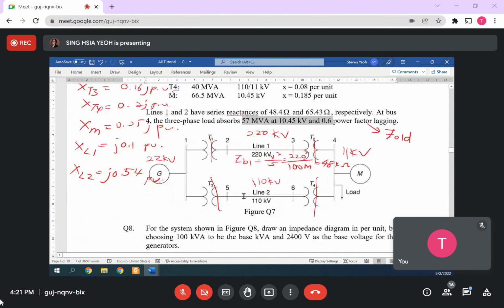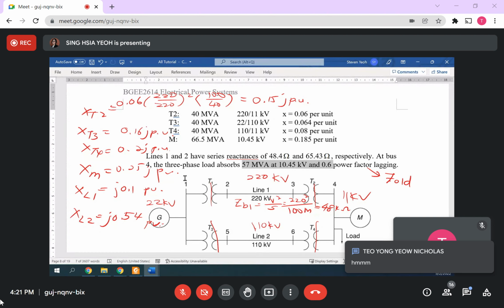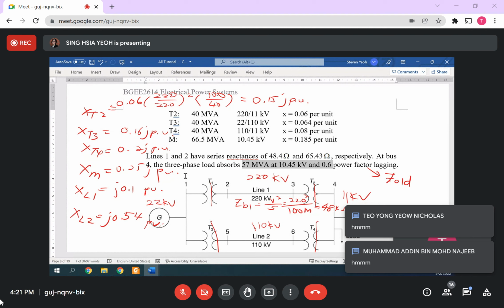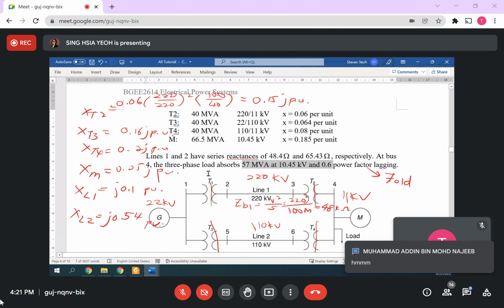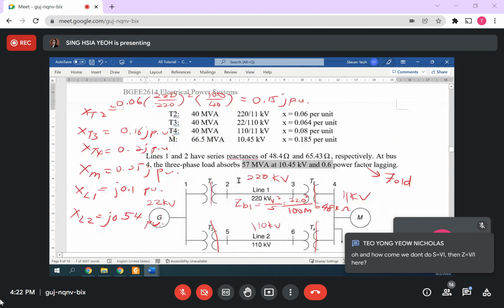I believe in these questions, although they say three phase load, it's actually a per phase value. Understand? Normally in these questions, it will be single phase. We are doing per phase analysis.